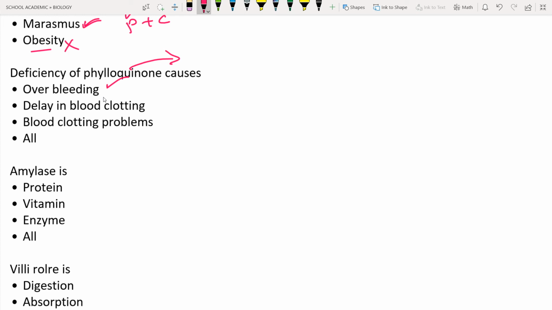Yes, the site of the injury is going to have less blood clotting. Delay means late. Yes, this option is also correct. The third option is blood clotting problems. Yes, this is also correct. So you can go for the fourth option, that is all. It is saying that all the above options are correct. So this option is correct.